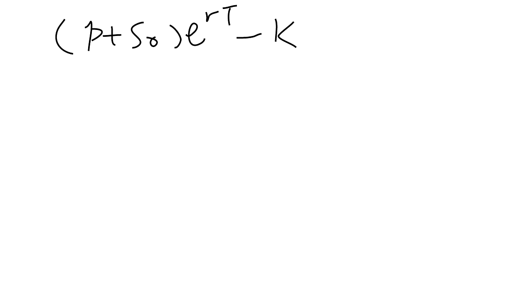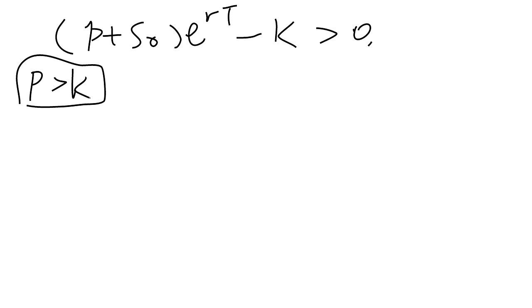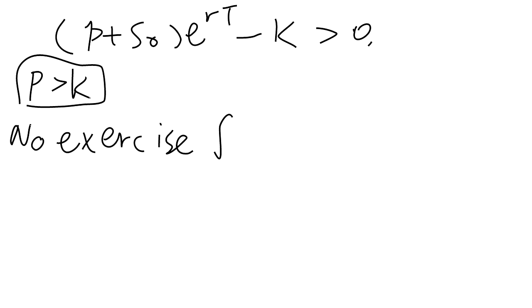If that is the case, remember we have P and the stock exponential RT minus K, right? This one is greater than 0 because P is greater than K. So that's what we start with. So now when it's no exercise for put, it means what? The put is out of the money.